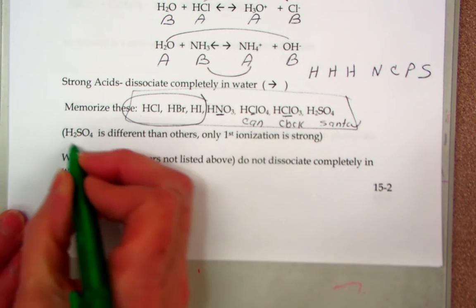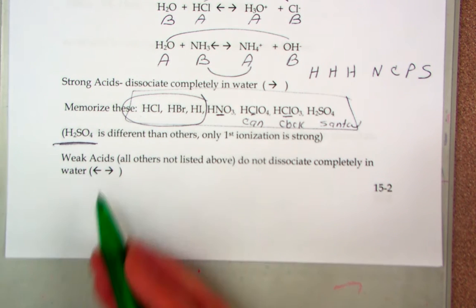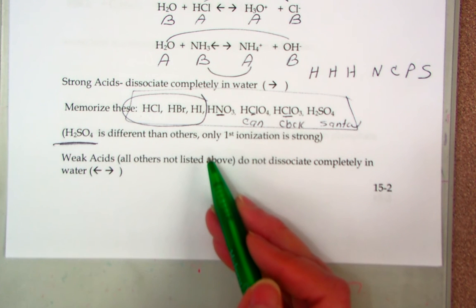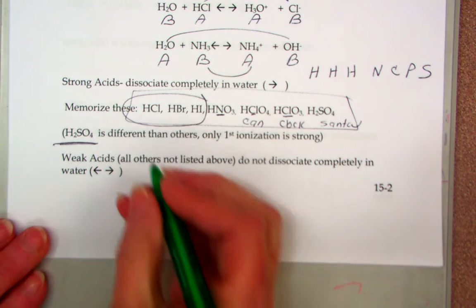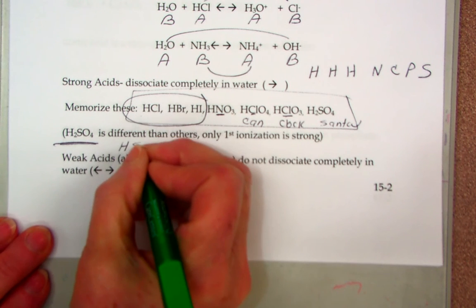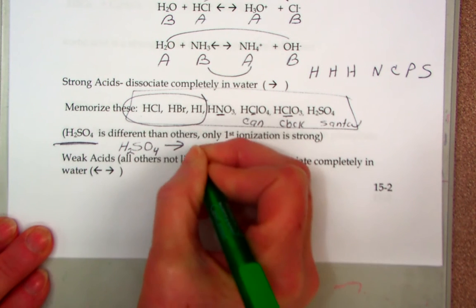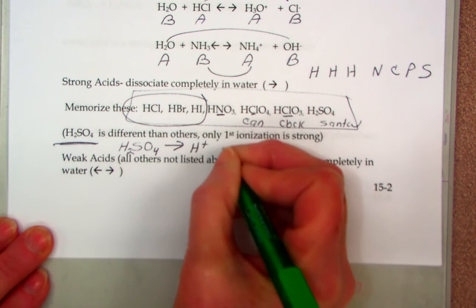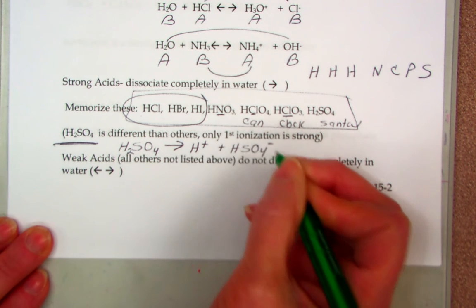All right. Sulfuric acid is different. It's different because it has 2 protons and only the first ionization is strong. So for sulfuric acid, you have H2SO4, and it's a one-way street ionizing completely to the hydrogen ion plus the hydrogen sulfate ion.